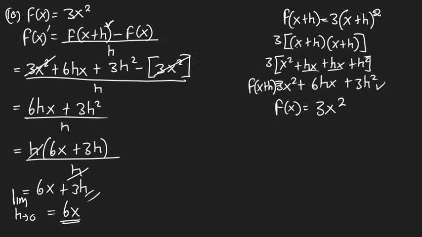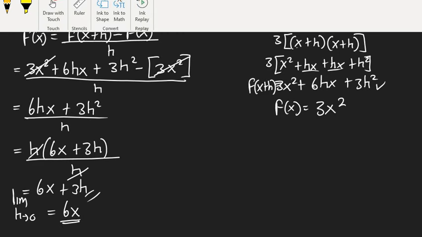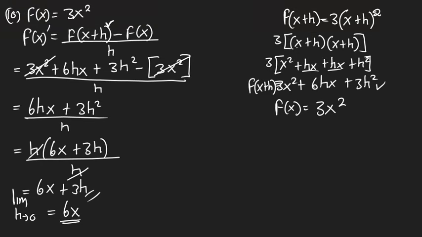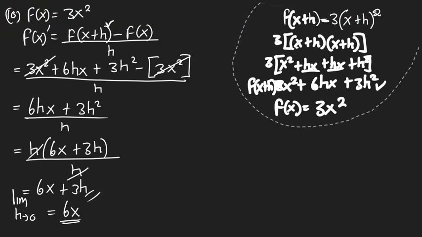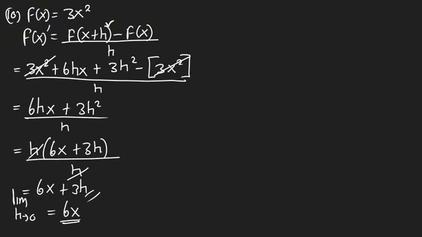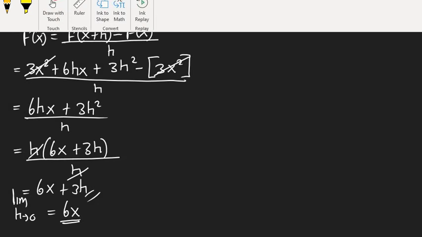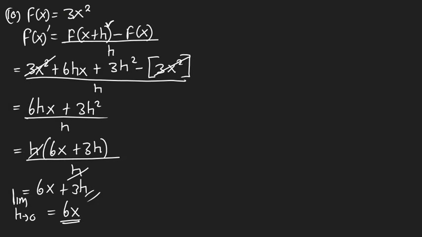Okay, let's try to do another one. That is going to be question 11. How about if you have been given f of x is equal to 3x plus 5, then you're using the same principle.